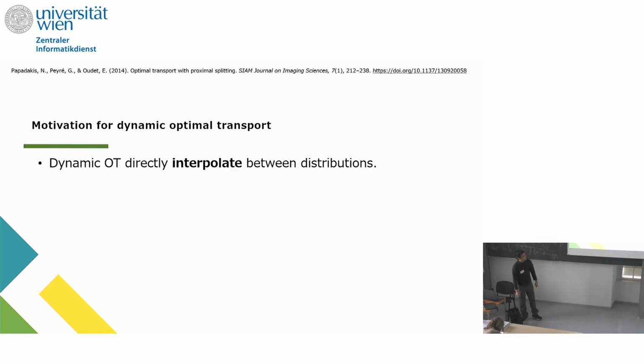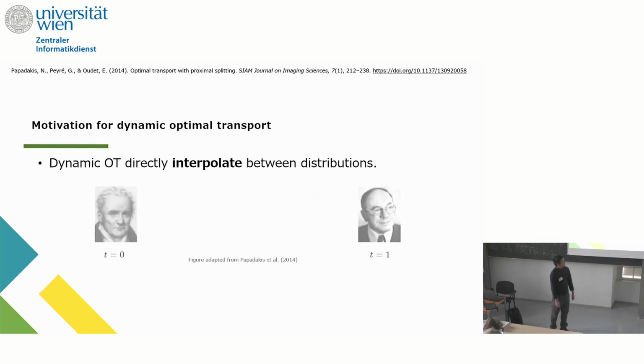Okay, now why do we want to care about the dynamic optimal transport? Because dynamic OT directly interpolates between distributions. So here's the example. Those are Monge and Kantorovich pictures, and these are grayscale images. The grayscale images can be seen as some kind of distribution. For example, the white pixels can be seen as a high value of distribution, and black pixels can be seen as a lower value of distribution.